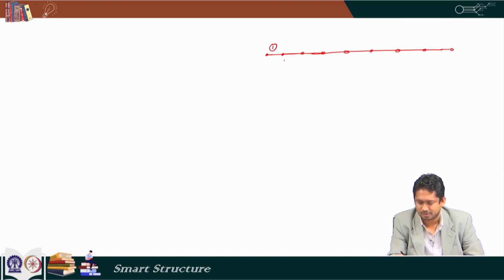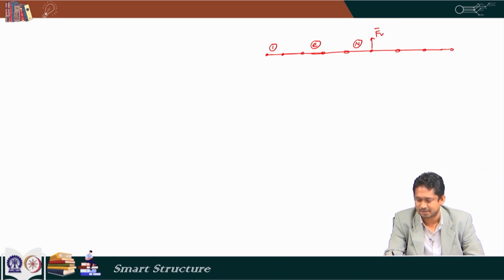So, we can call it element number 1, and there is a generic element, maybe element number E, and then let us call an element number n. So, at the second node of element number n, say we have the shape memory alloy wires attached. So, here the forces due to the shape memory alloy wire are experienced.